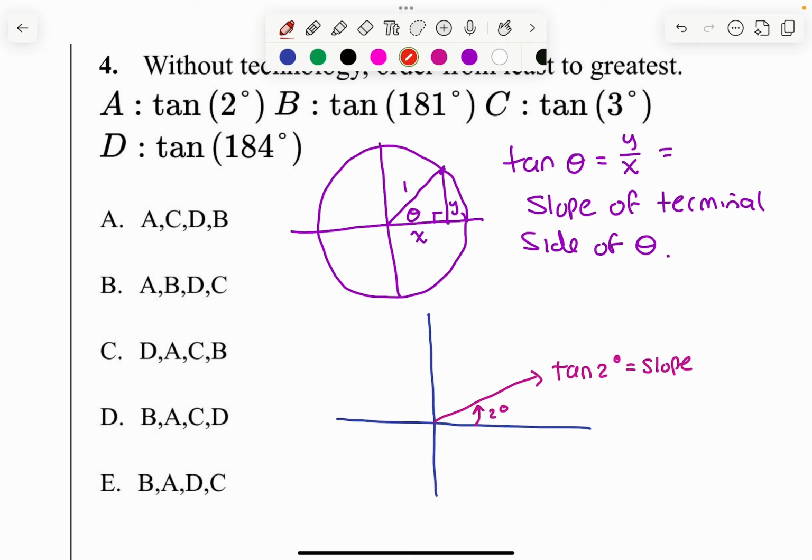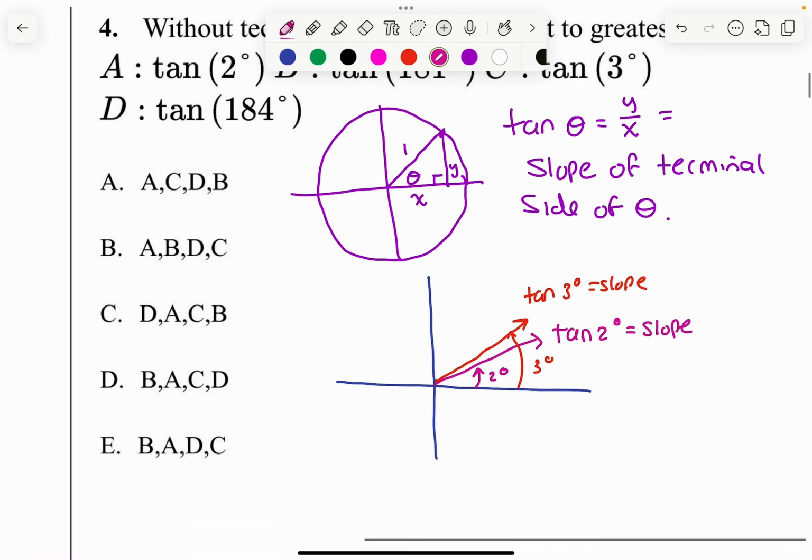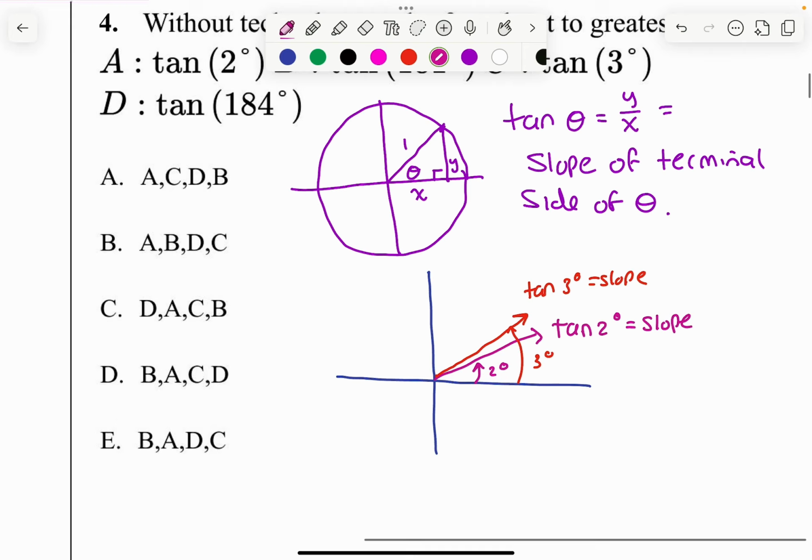So 3 degrees would be a little more. So I definitely know tangent of 2 degrees is smaller than tangent of 3 degrees because clearly the slope of that purple line is less than the slope of the red.